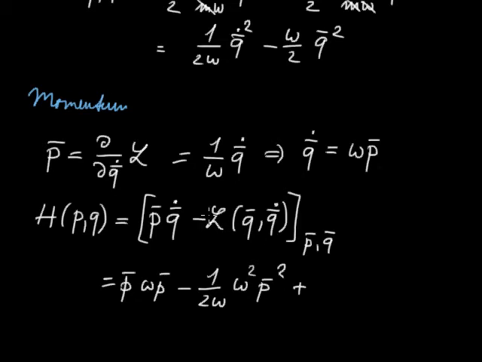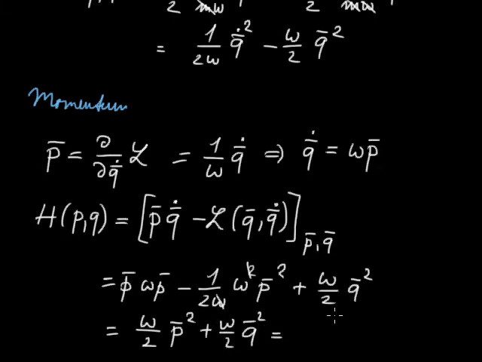This is plus because here is minus omega divided by 2 q bar square. Here you see I'm getting omega p square minus 1/2 omega p square. So I'm getting omega half p bar square plus omega half q bar square, and this is my final result.